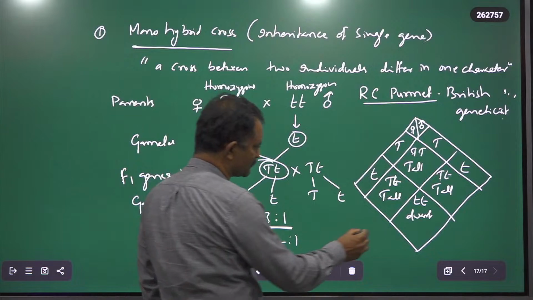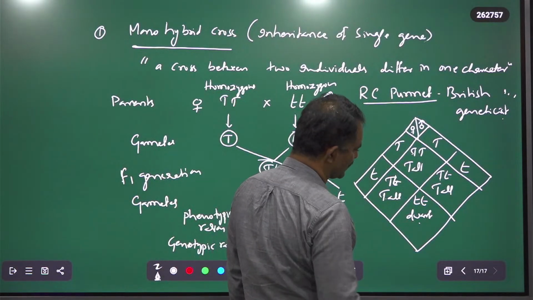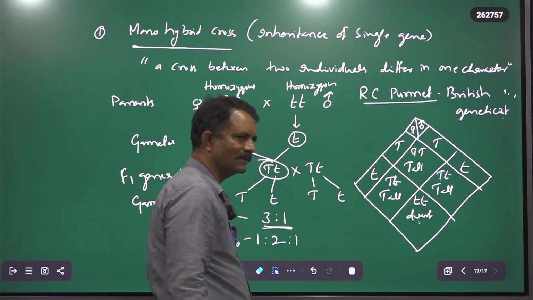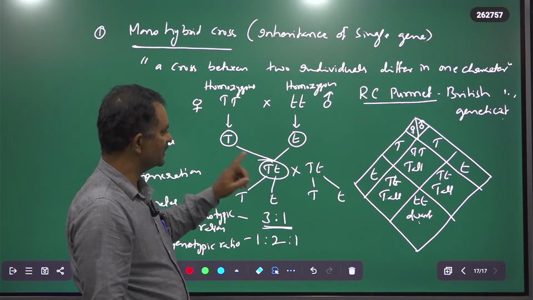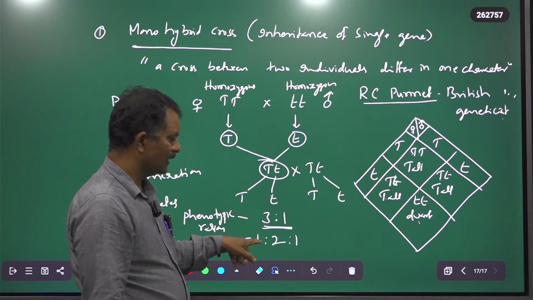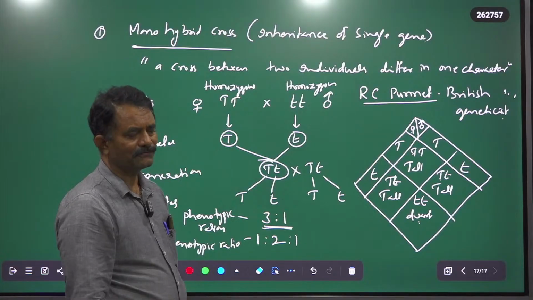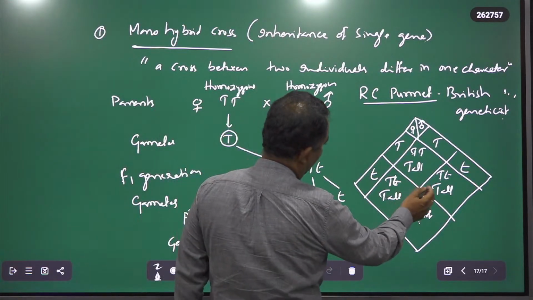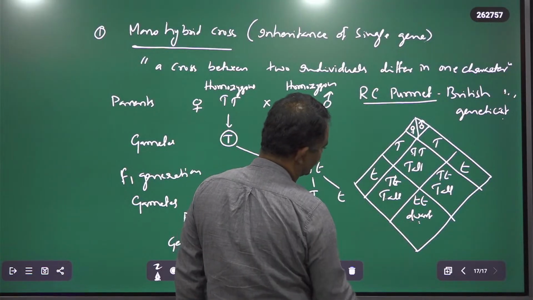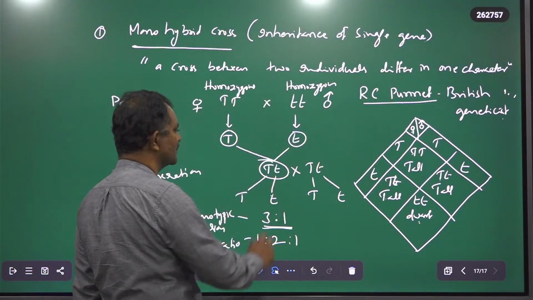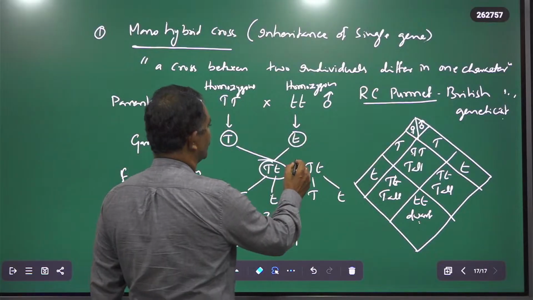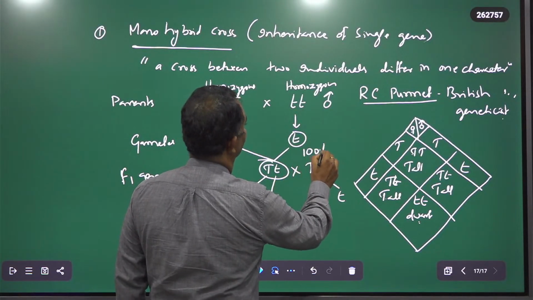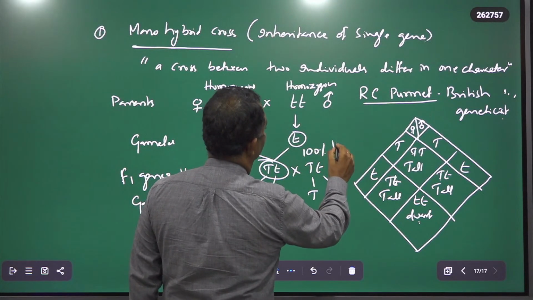The character that did not appear in the F1 generation appeared in the F2 generation. The dwarf character, one of the parental characters that did not appear in F1, automatically appeared in F2. In the F2 generation we can see the tall as well as the dwarf. F1 generation is 100% heterozygous.